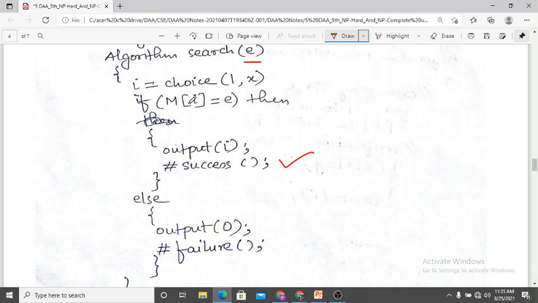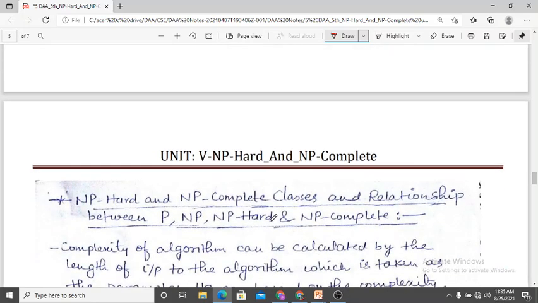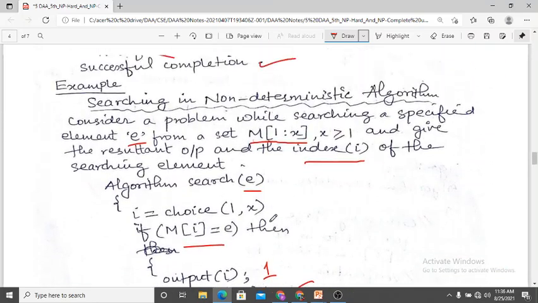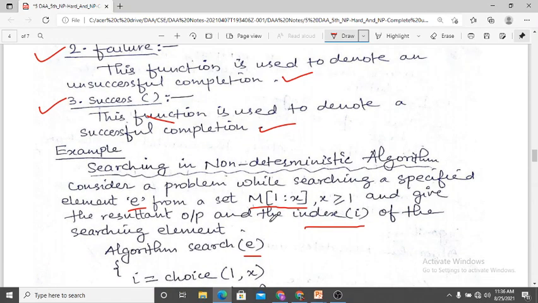If A of i equals E is true, then the output will be i and it is a success, else it is a failure. So this is a simple example for searching in a non-deterministic algorithm.